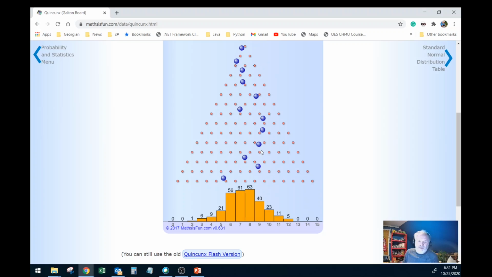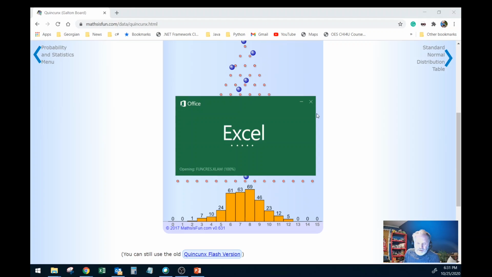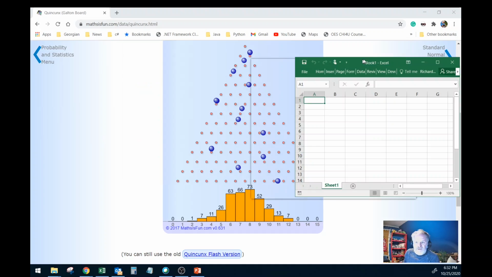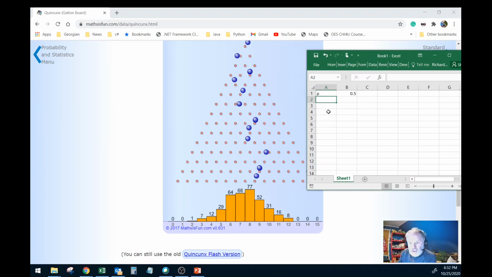So the probability of it going to the right 15 times in a row: the probability P is 0.5, and N equals, let's say, 15.